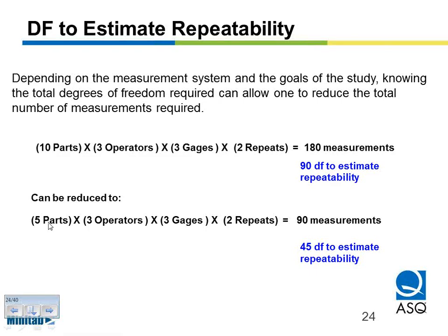Now you might say, well, what happened to my percent study variation estimate? I did a worse job of estimating sigma part, therefore I've made my percent study variation estimate less precise, but I'm willing to trade that off because I've already dismissed percent study variation as one of my key capability measures when I can use percent tolerance instead.